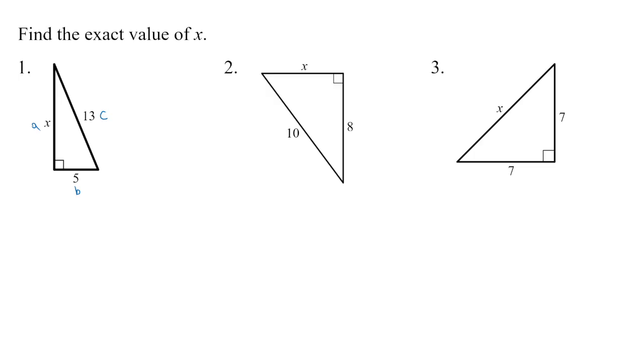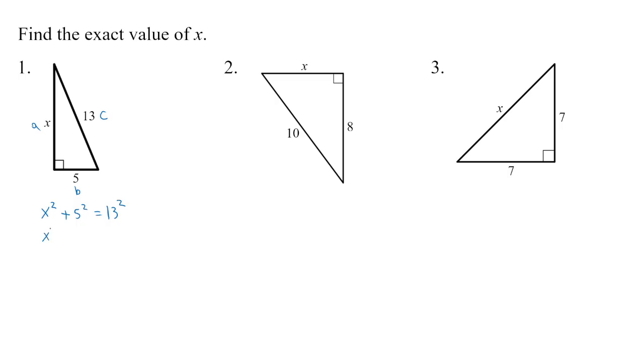So now we can apply the Pythagorean theorem. x squared plus 5 squared equals 13 squared. So as you can see, the Pythagorean theorem was set up to give you this equation. Now we're going to solve this equation.